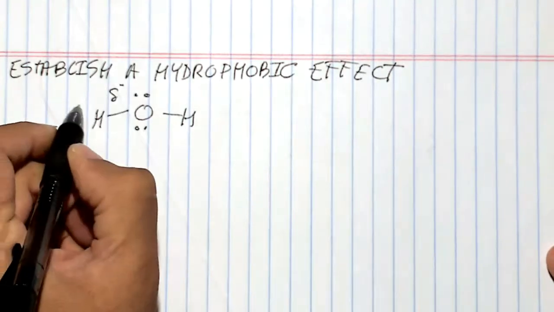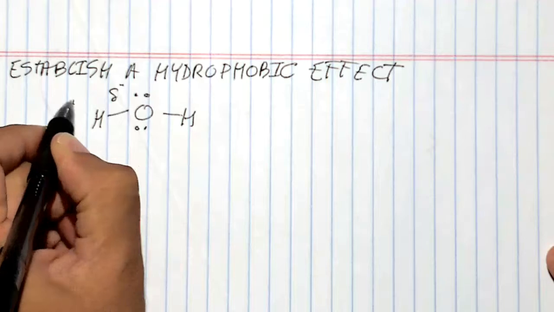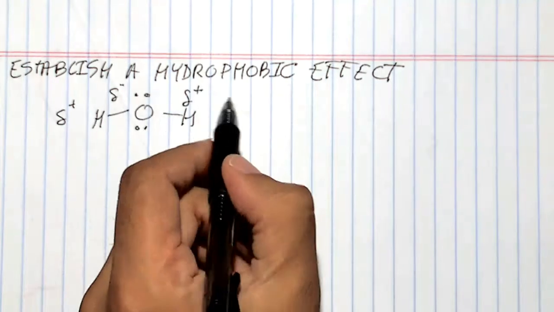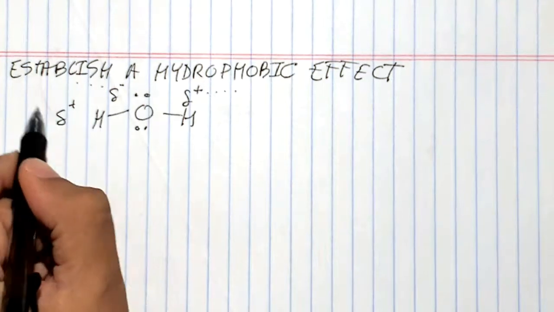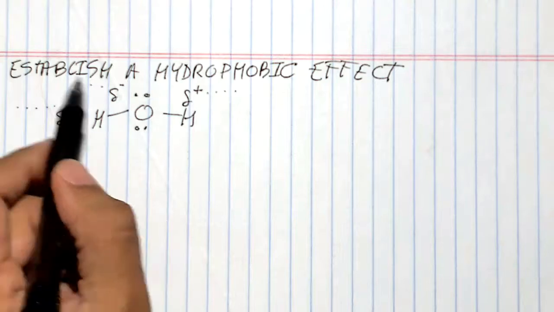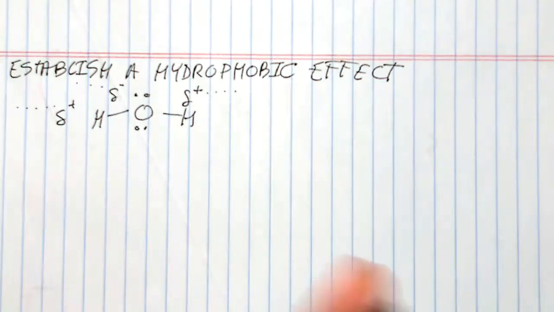It has a partial negative within the molecule with the oxygen and a partial positive within that same molecule. As we said before, that would interact with another polar molecule. So this partial negative will interact with a partial positive of another molecule. It could be another water molecule, or a totally different molecule.